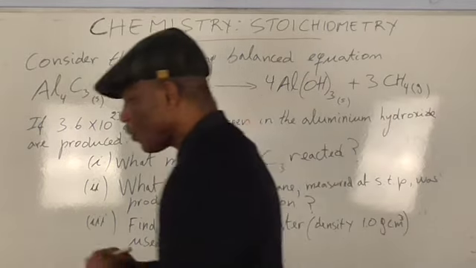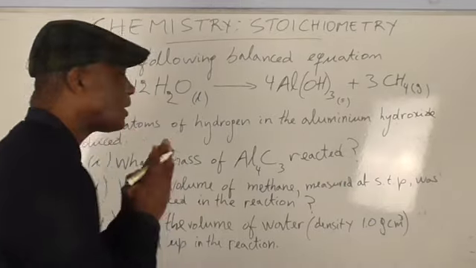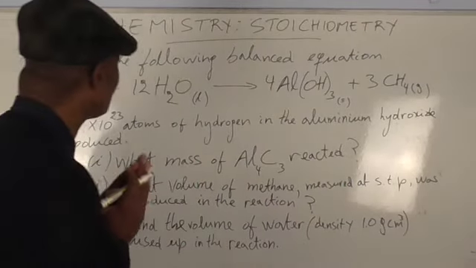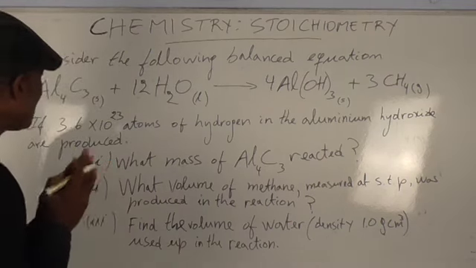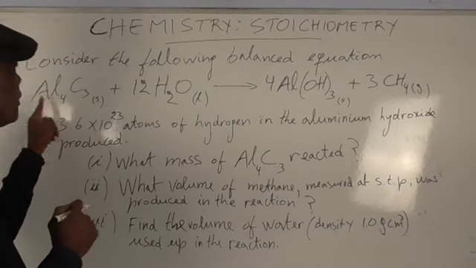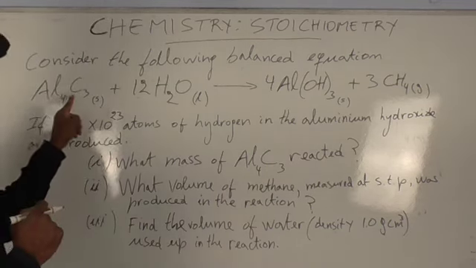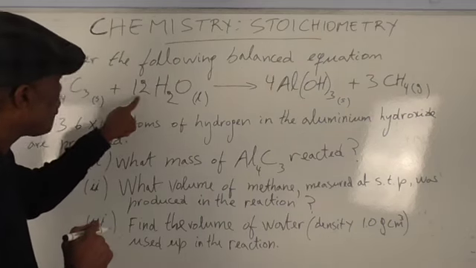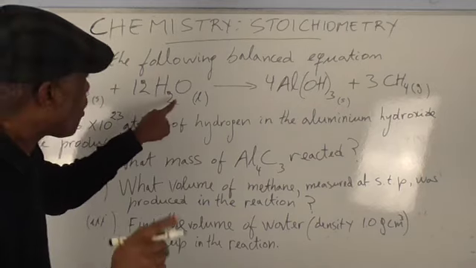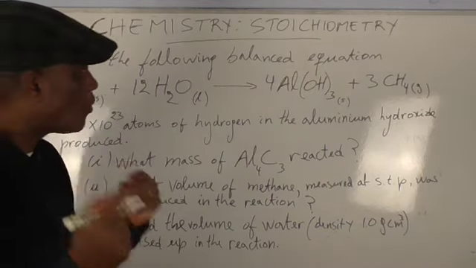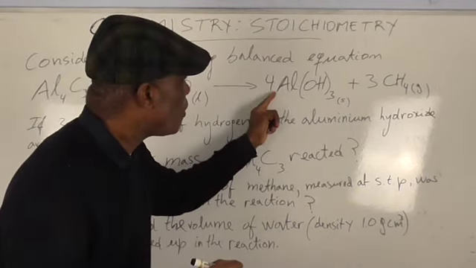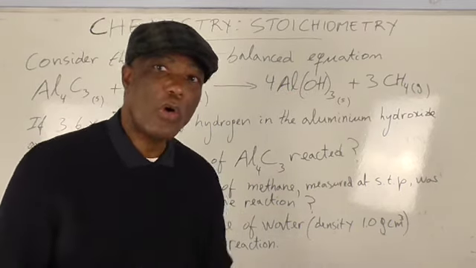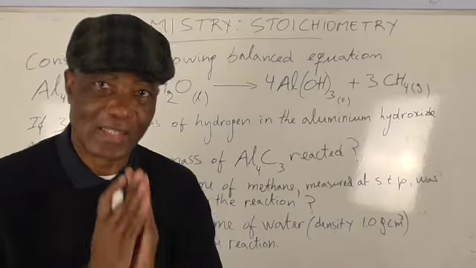Now, we are going to solve our chemistry problem. We see that 1 mole of aluminium carbide reacts with 12 moles of water to form 4 moles of aluminium hydroxide and 3 moles of methane gas.